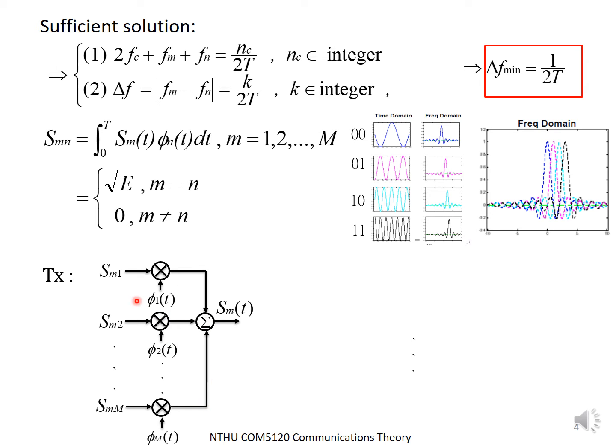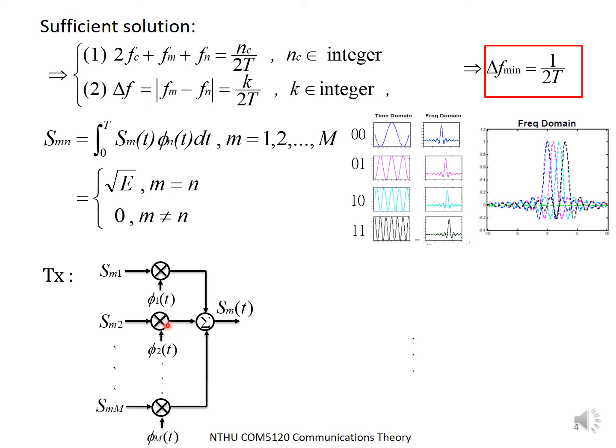be responsible to synthesize the transmission waveform, and the transmission waveform can be synthesized, put together, by the combination of the projection onto each basis. s_m(t) is the combination of all different bases.